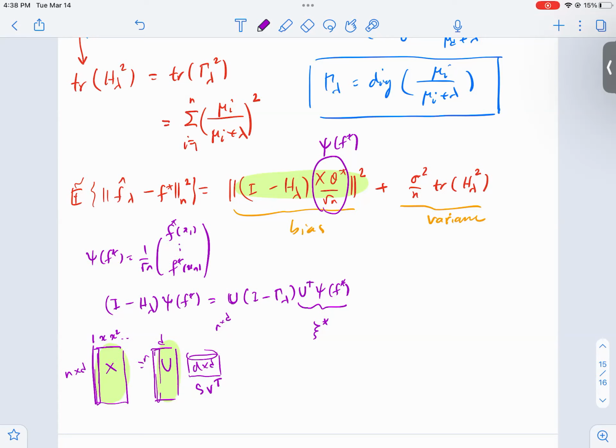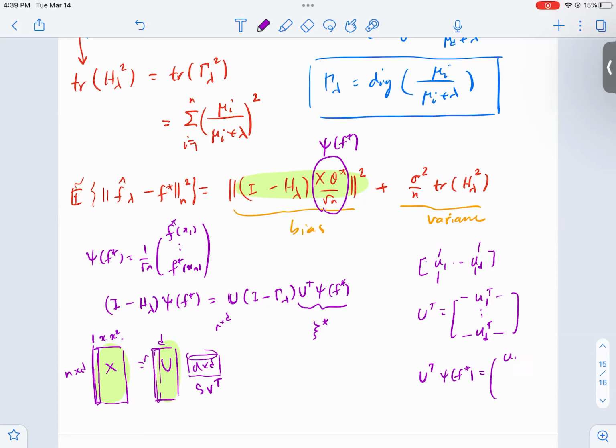So this is also like the samples of the function. If the columns of U are U1 up to UD, U transpose is U1 transpose up to UD transpose. So U transpose psi of F star is like the samples of F star.